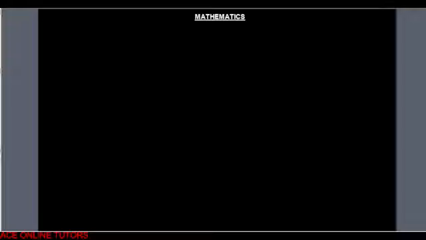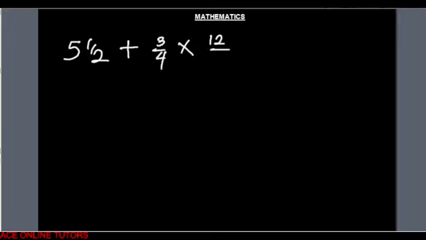So let's say we have been asked to do 5 whole number 1 over 2 plus 3 over 4 multiplied by 12 over 27 minus, let's say we have 4 whole number 2 over 5.